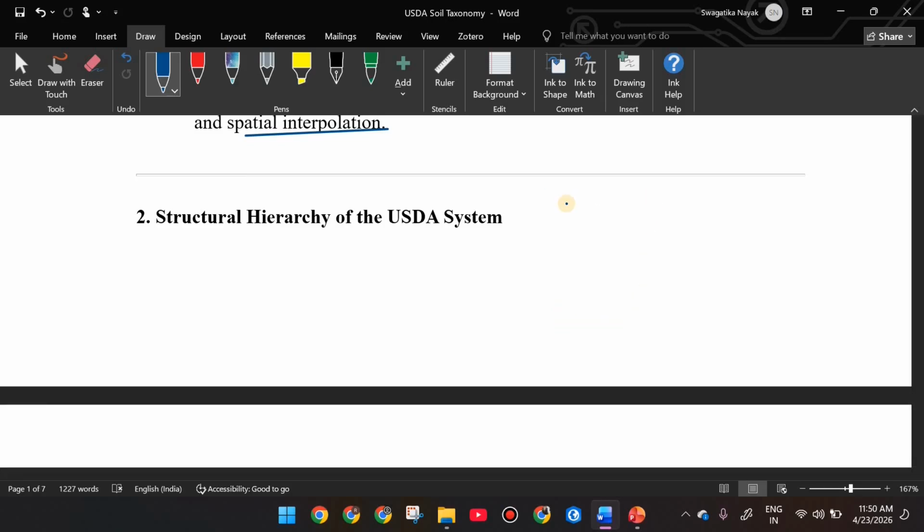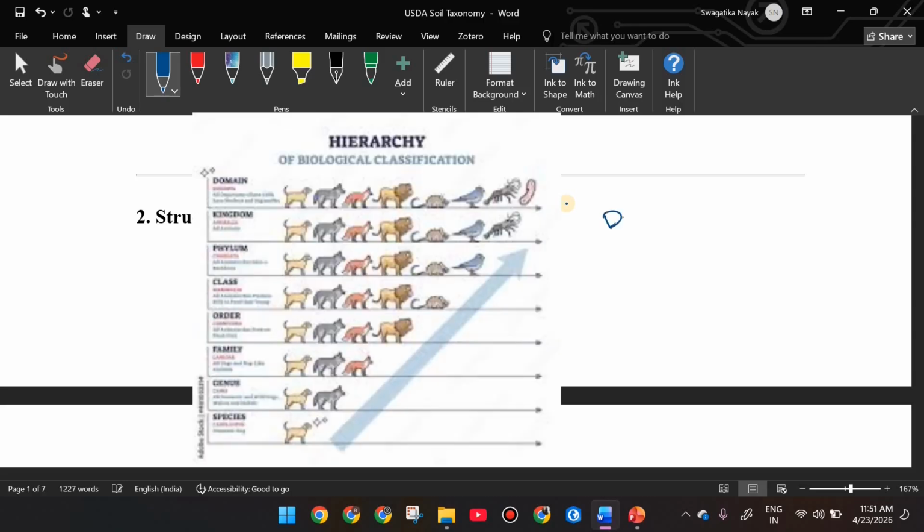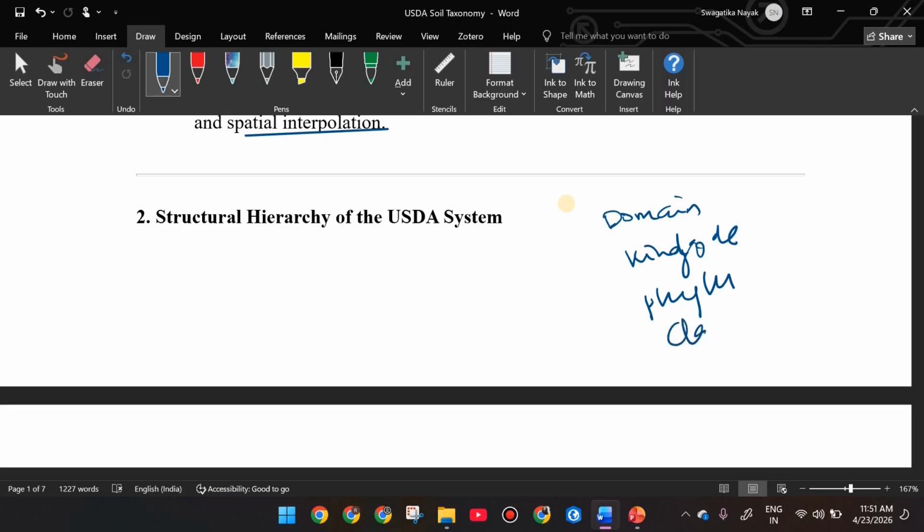The soil taxonomy is based on a structural hierarchical system, inspired by the biological classification that we have studied: there is a domain, then a kingdom, under the kingdom the phylum, and under the phylum the classes. Like that, soil taxonomy is also a hierarchical system.